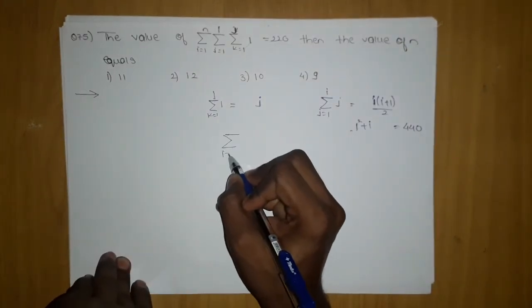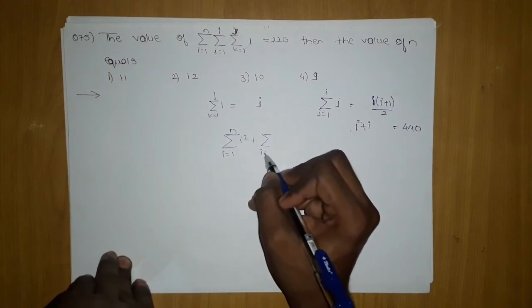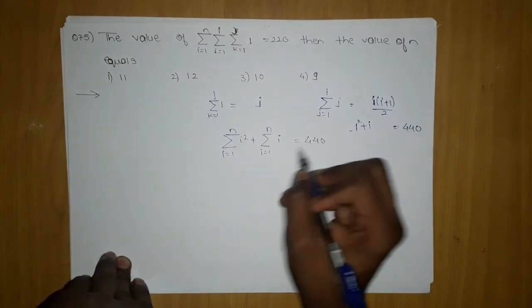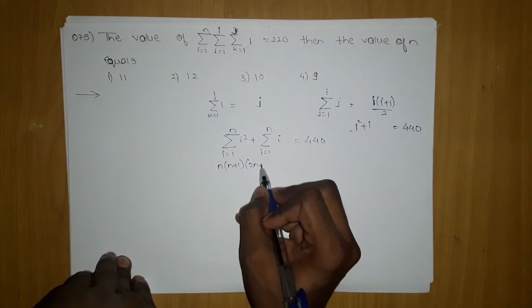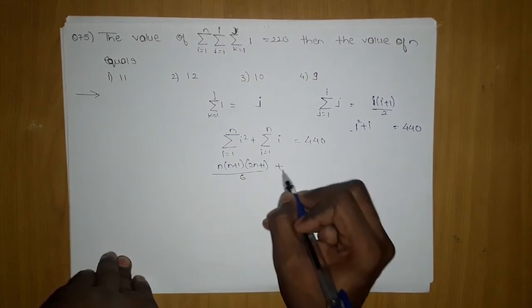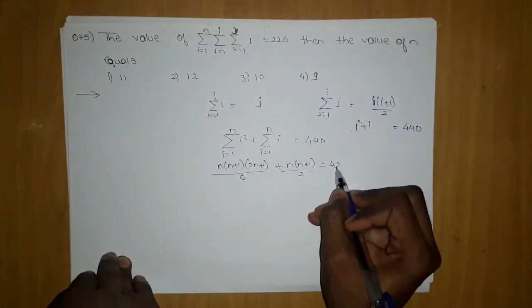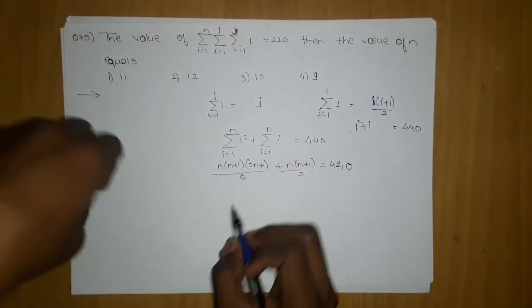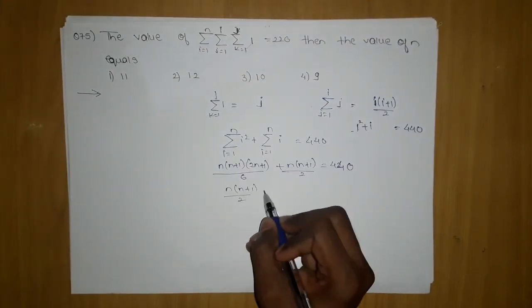Now the summation, i equals 1 to n, of i square plus summation i equals 1 to n of i equals 440. This will be nothing but n into n plus 1 into 2n plus 1 by 6 plus n into n plus 1 by 2 equals 440. You have to take n into n plus 1 by 2 common.